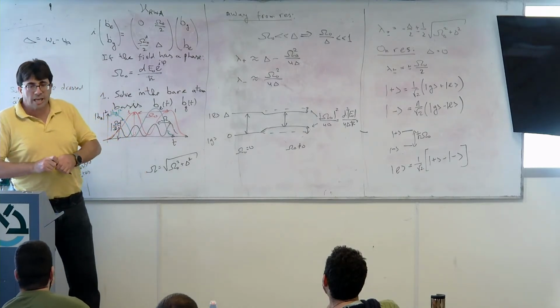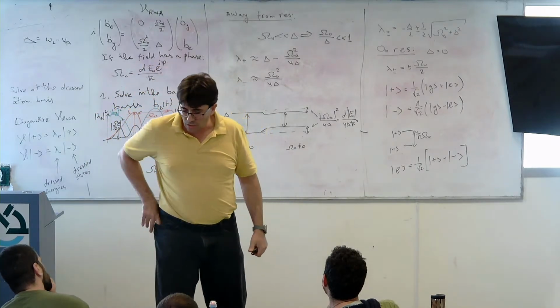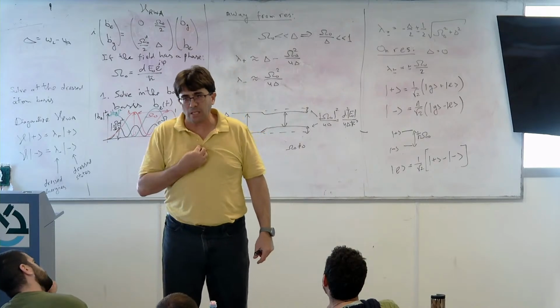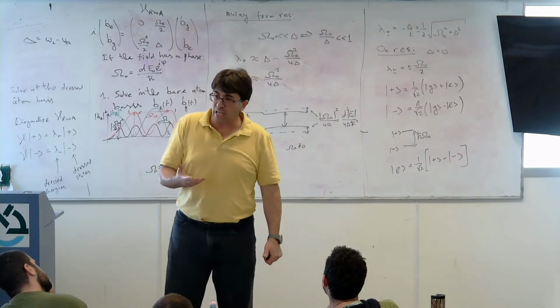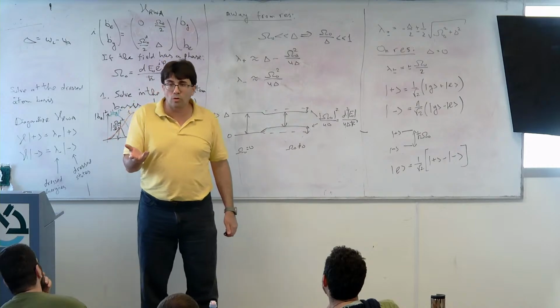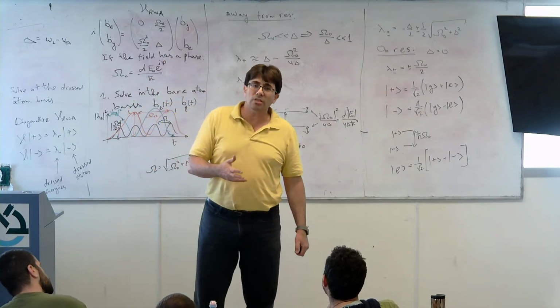Now, I don't have a way to model these things completely. I understand what could happen to the atom, but I have no way of actually following this. I don't have any control over collisions and when they happen. So I can only treat them in a statistical manner.